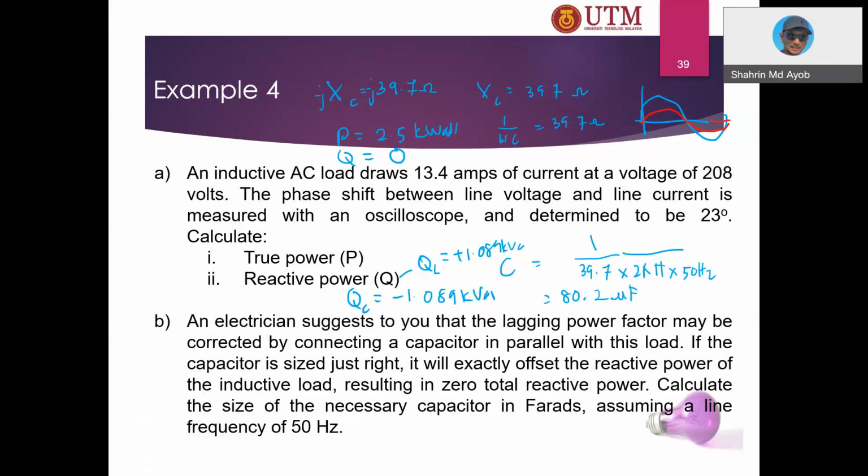Your load is only a resistive load, so there is no phase difference between voltage and current. So your power factor is high, equal to 1, which is what we want. So you can compensate the Q by installing a capacitor in parallel with the load.